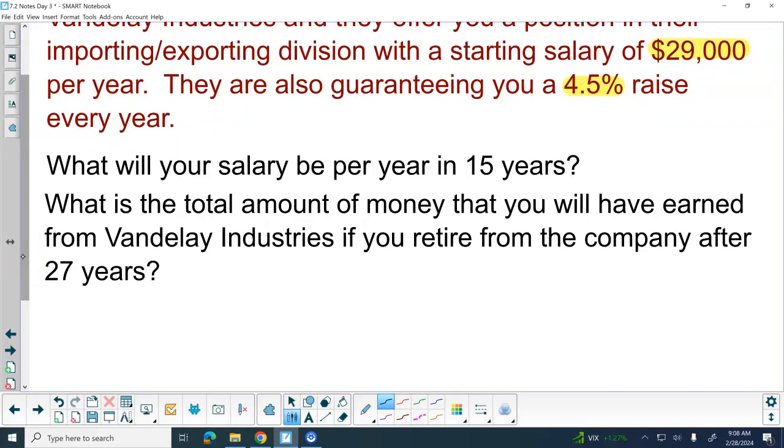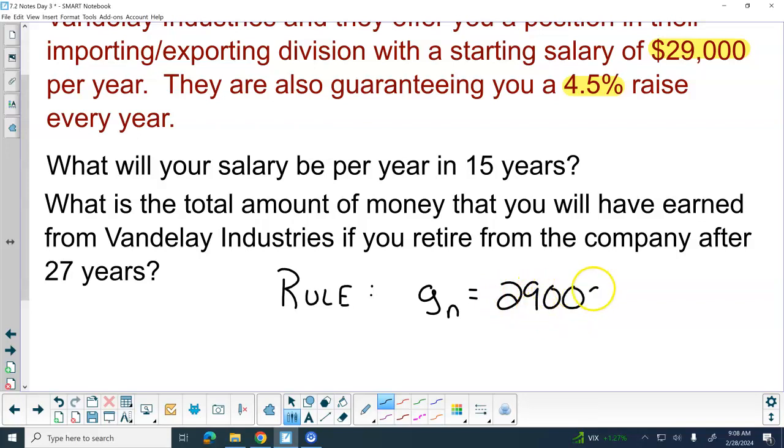I couldn't think of a rule. Okay, so what is my rule? G of n. Do we agree with 1.045?